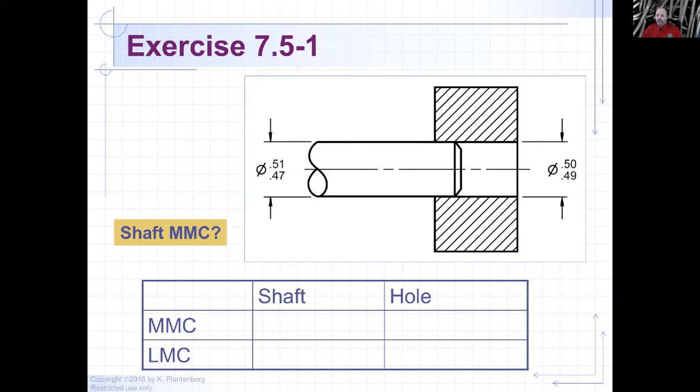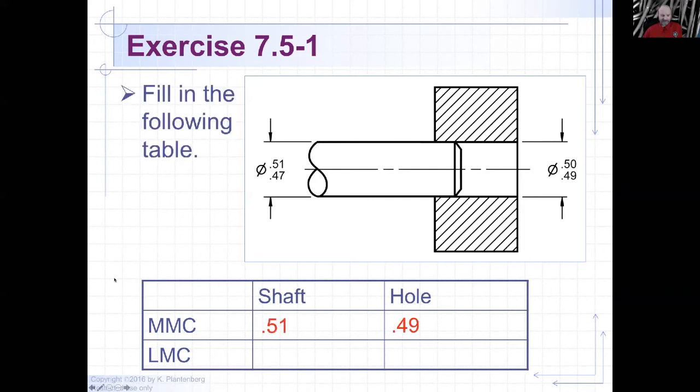So when it's 0.5, you have less material than when it's at 0.49, right? So 0.5 is the least material condition for the hole. One way to think about it is you drill a bigger hole and then you weigh the thing that you drilled a hole in. It's going to be lighter, right? Okay. So we did that.